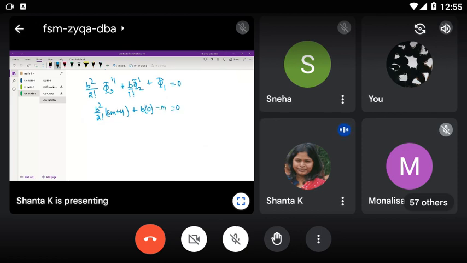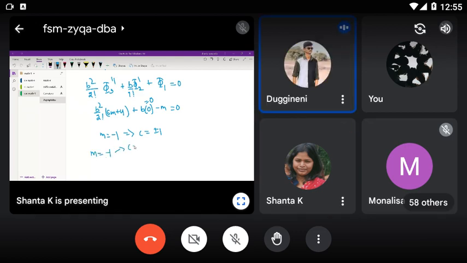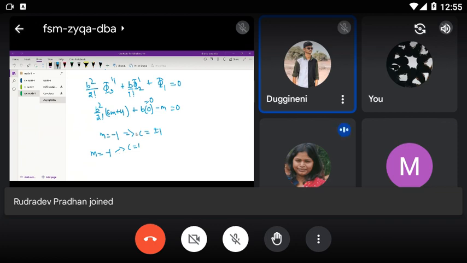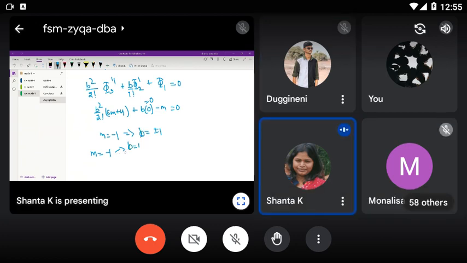Now you can solve this. This term is 0. We already have m equals minus 1. For m equals minus 1, we get b equals plus or minus 1.